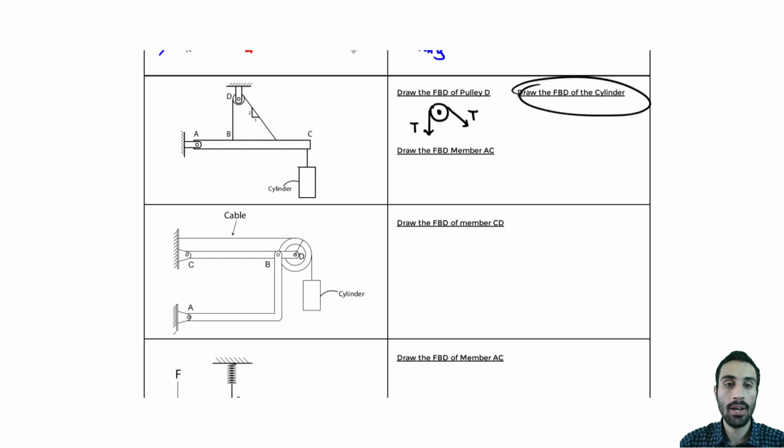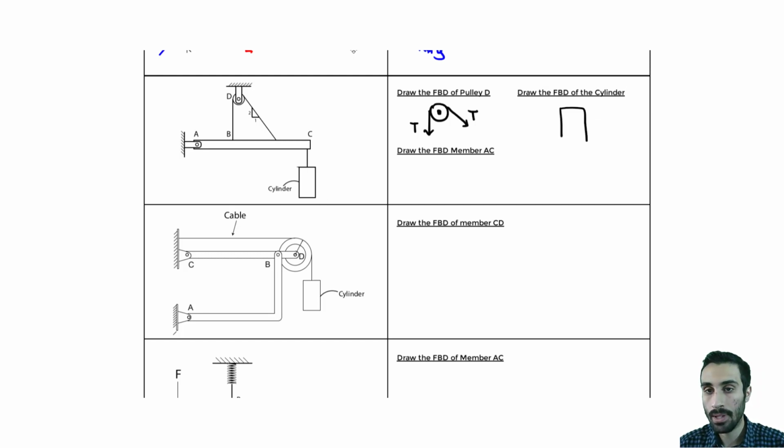Let's do the free body diagram for the cylinder now. What does a cylinder have? It has a center of gravity and it has a weight force. So I'm going to draw it like that, W for the weight of the cylinder. We also have a cable, so we have a tension force.